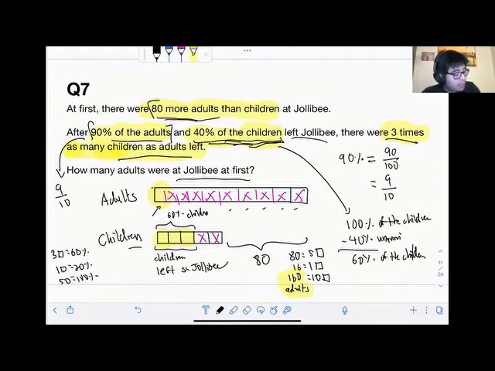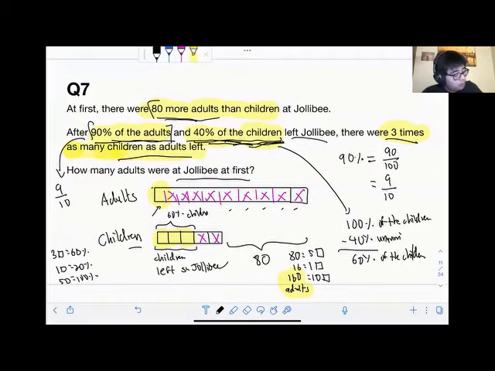Ano po yung tricky dito? Yung tricky po, 90% of the adults and 40% of the children. Yung unang pag-iisipan po natin ay hatiin lang po natin yung adults into 10 and hatiin din na po natin yung children into 10.